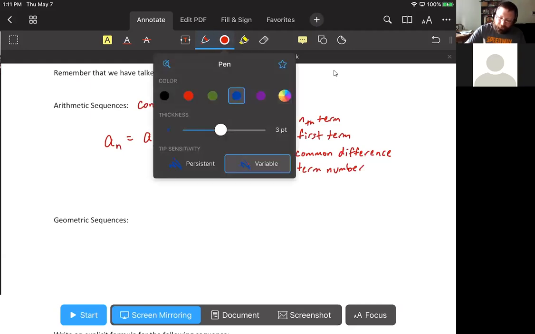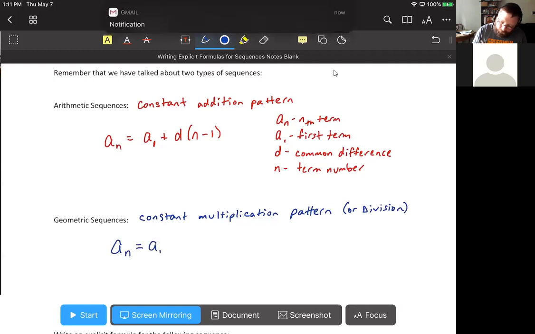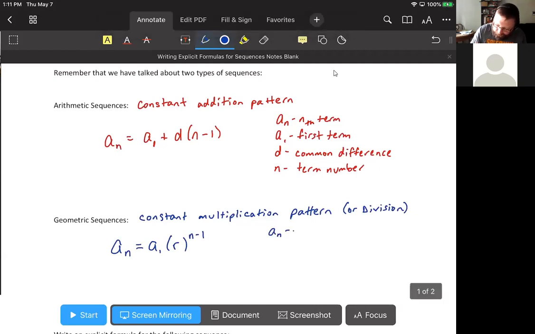Then we had geometric sequences, which are the ones that have a constant multiplication pattern. Remember that that would also include division, because division is just multiplying by a fraction, okay? These have the equation a sub n equals a sub 1 times r to the n minus 1 power, where a sub n is the nth term.